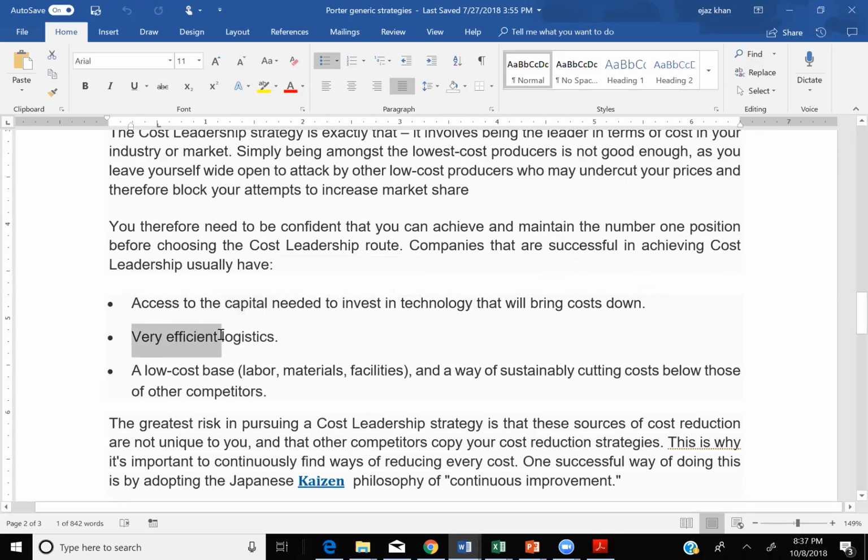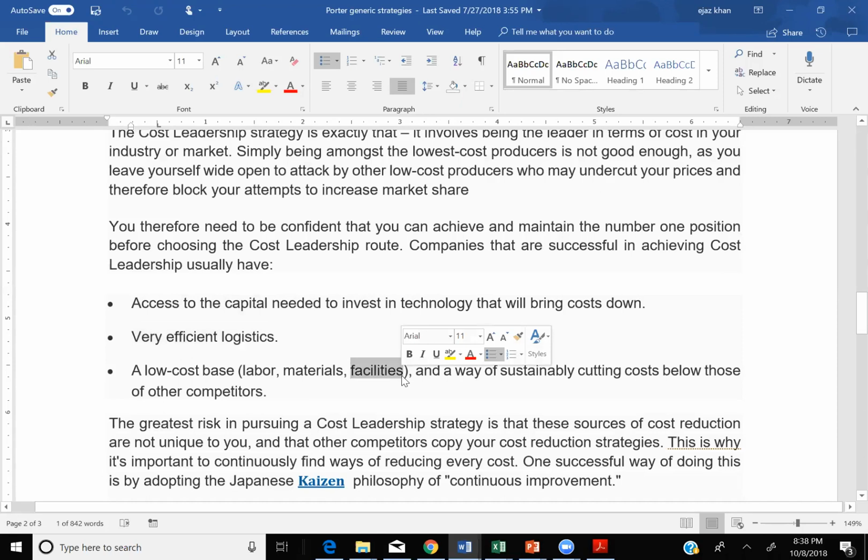They must have efficient logistics, whether inbound or outbound. They should have skilled labor who are more efficient. They buy materials at lower prices.